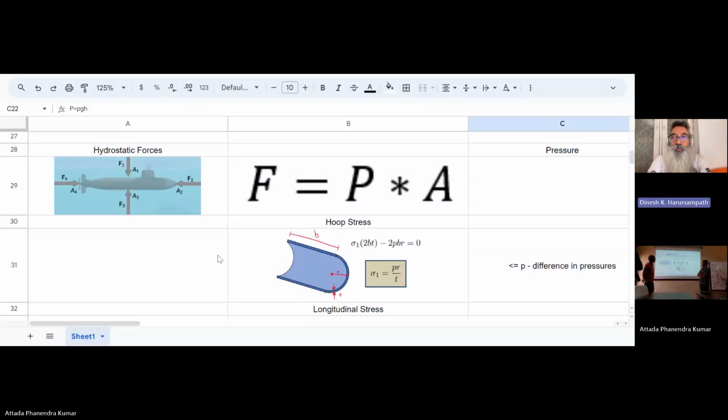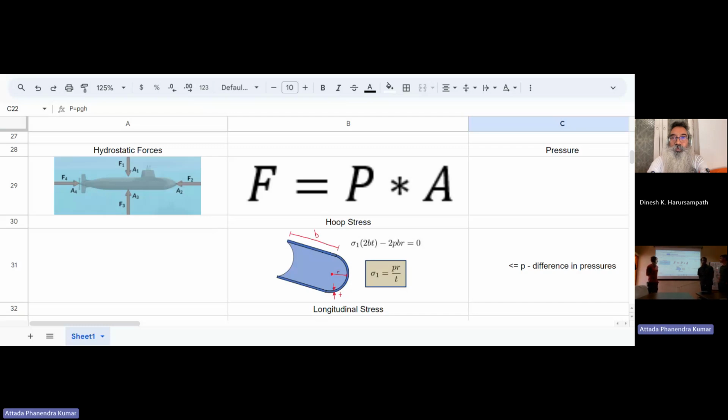Yeah, go ahead. So now we're going to talk about hydrostatic forces, which occur in fluids primarily. So one example is a submarine in water, which is attacked by pressure of water from all directions. And we can relate those hydrostatic forces to pressure by the equation of force, pressure times area.